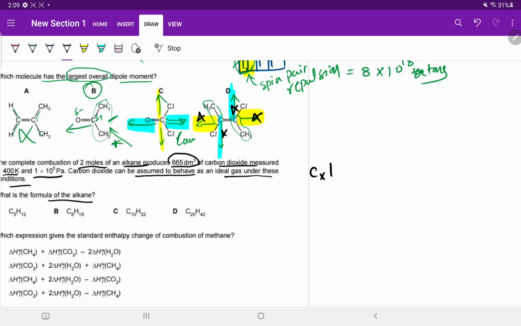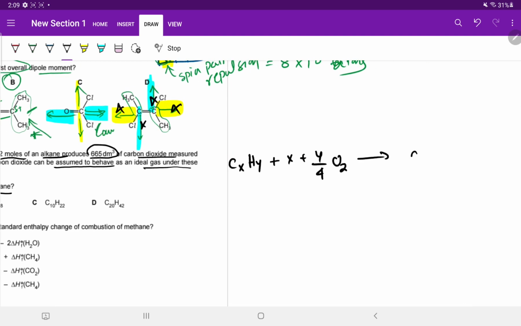So our general equation for combustion would be CxHy plus (x plus y by 4) oxygen will produce carbon dioxide x, and water will be y by 2 moles of water.